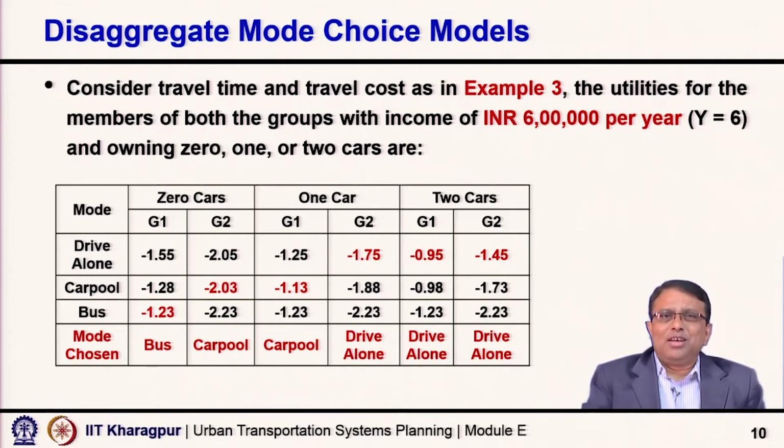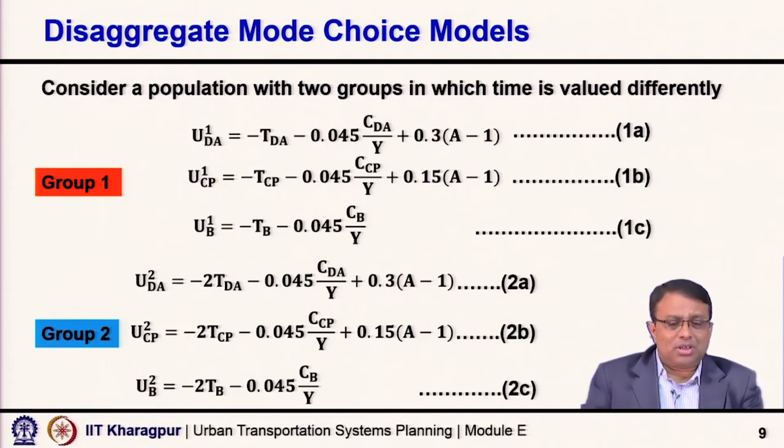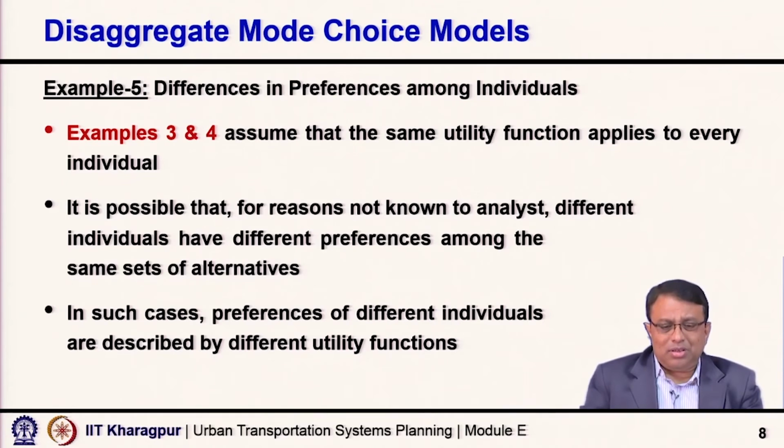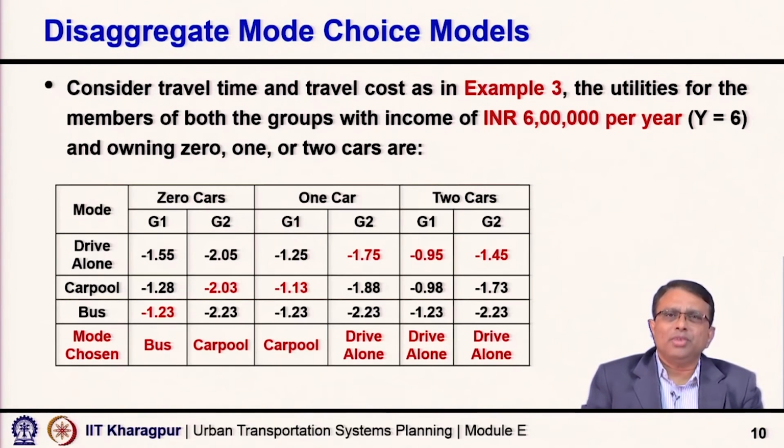Because these differences in preferences among individuals are not considered, the prediction in some cases would be erroneous. That is what is shown in this example.